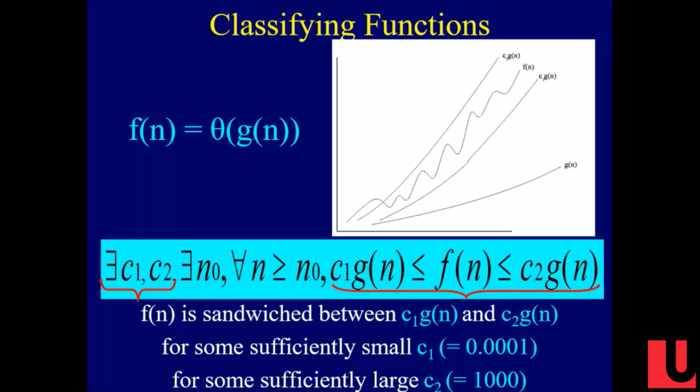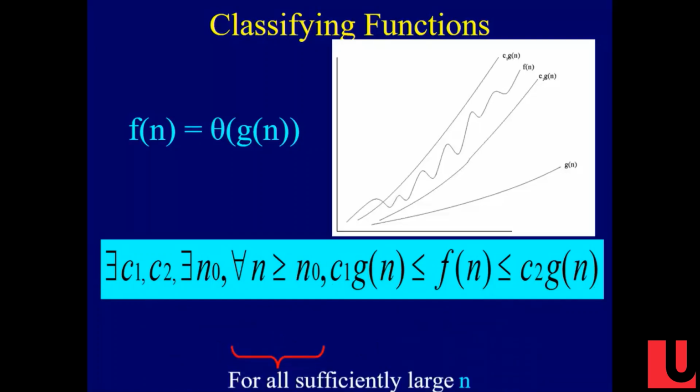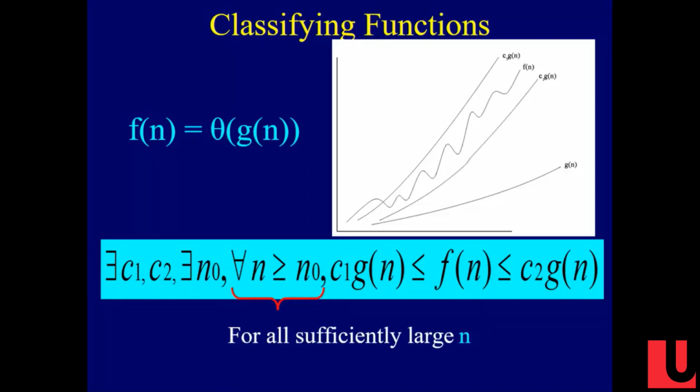You have to fix them once and for all. And then it has to work for every n. So that's great, but once you fix the constant, it has to work for every n that's sufficiently large. Now, everybody got that part?